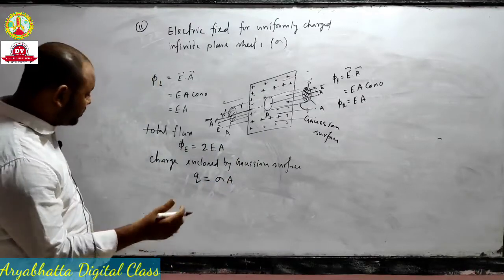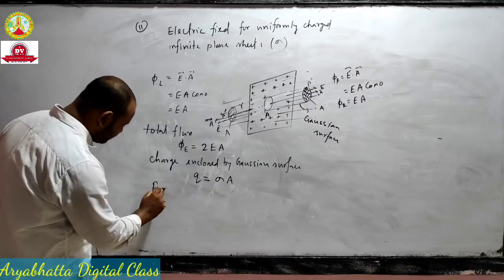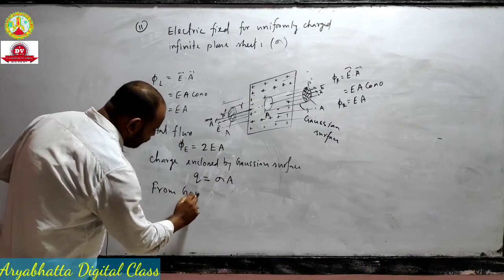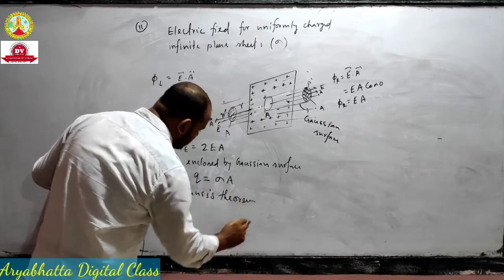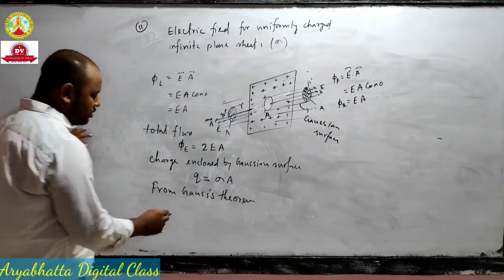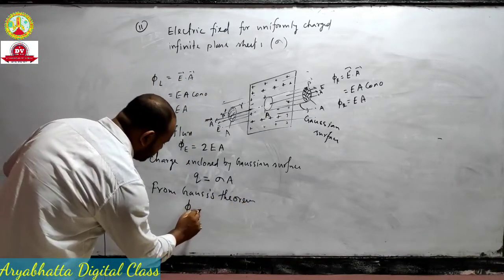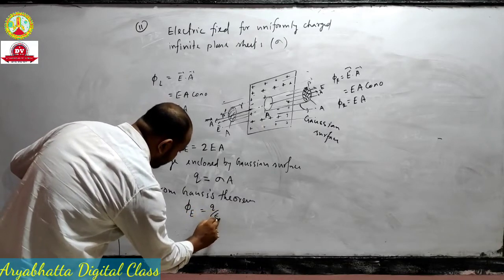Now from Gauss's theorem, the total flux phi is equal to Q by epsilon naught.